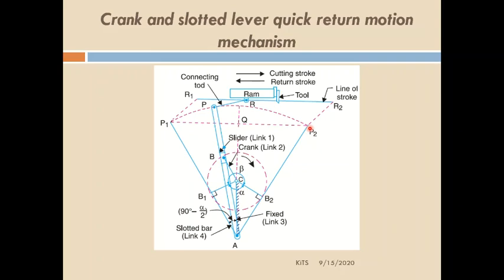When the crank rotates, the crank is rotating based on the fixed point C. Okay, when the crank rotates, the slider will try to rotate. At the same time, slider will move up and down inside the slotted bar. So it will make the slotted bar to oscillate like this. Okay, so AP1 and AP2 are the extreme position of the slotted bar.